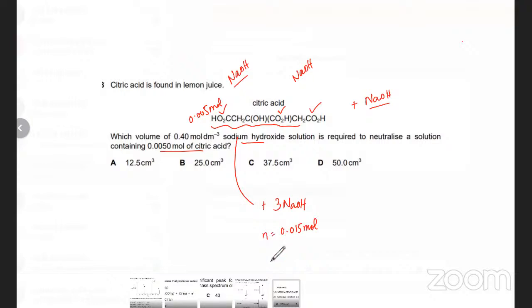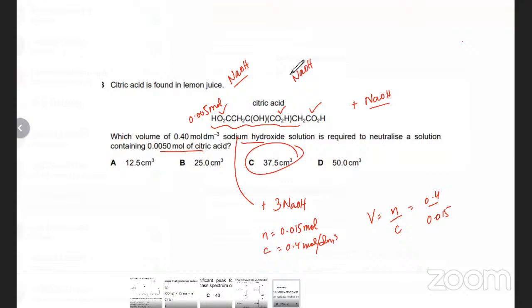So you know the moles, you know the concentration as well. That's 0.4 mole per dm cube. So you can find the volume. Moles is concentration times volume, so moles divided by concentration. That's 0.4. What do you get? 37.5 centimeters cube.